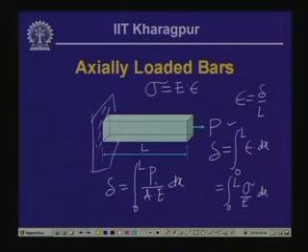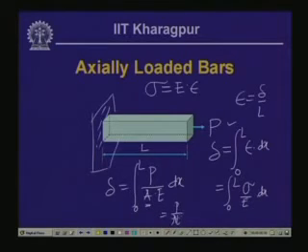Now, if P and the cross sectional area are different, then we will get different deformation at different points. But if the axial load P and cross sectional area A remain the same, there is no change, then we get the same expression, P by AE.